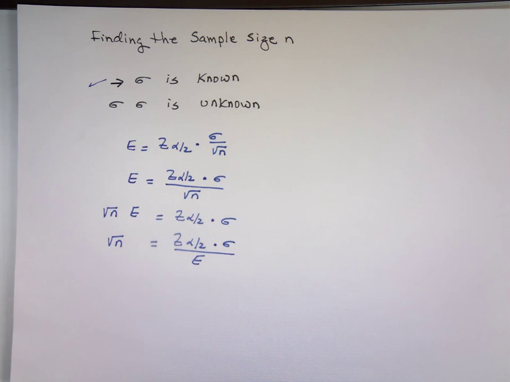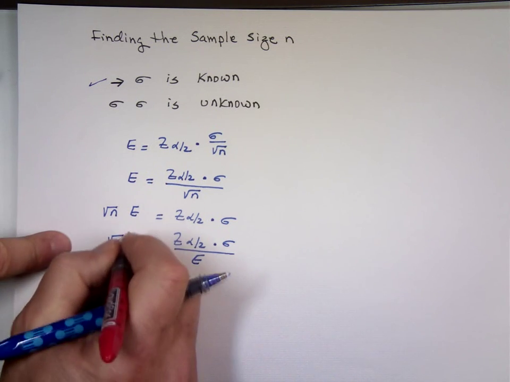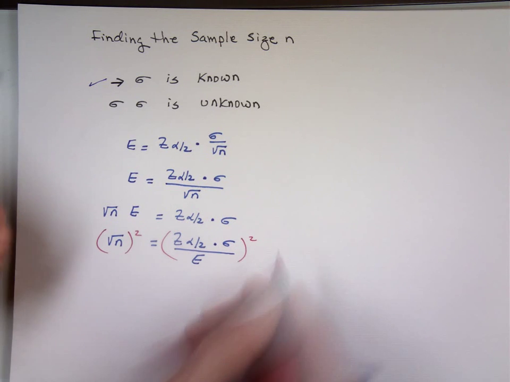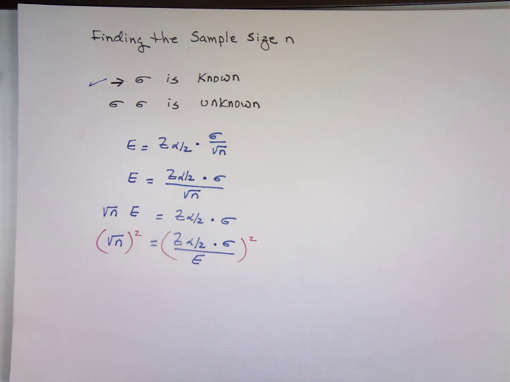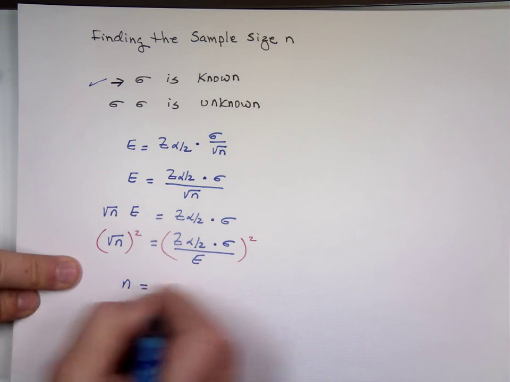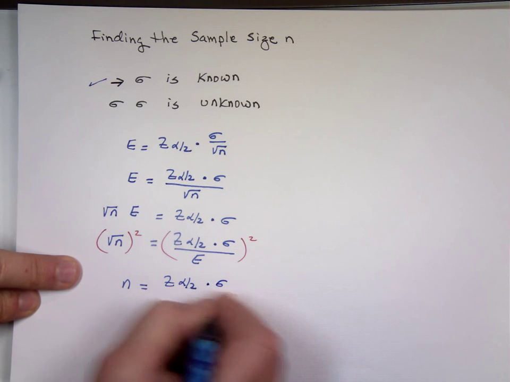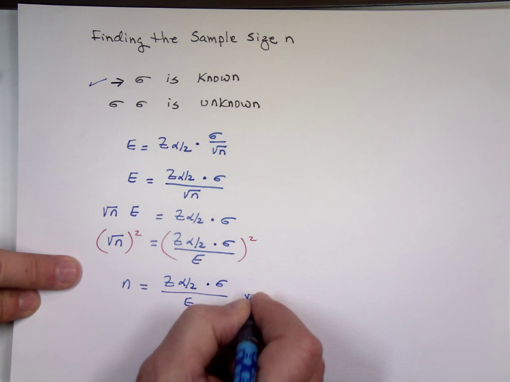Square both sides. So if I square this side to cancel the square root, I have to square that side. So the sample size, n, is always going to be z alpha over 2 times sigma divided by e. And you're always going to round up, always.